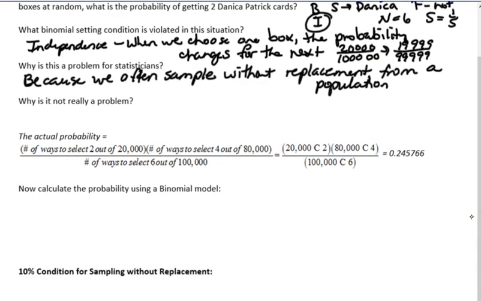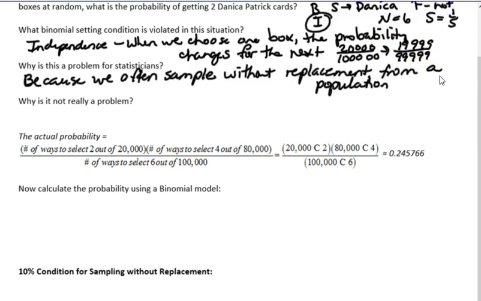You might look at this and think, well, it's really not a problem because the difference in probability between 20,000 over 100,000 and 19,999 over 99,999 is so very slight that it really doesn't make much of a difference. And that is exactly the issue.